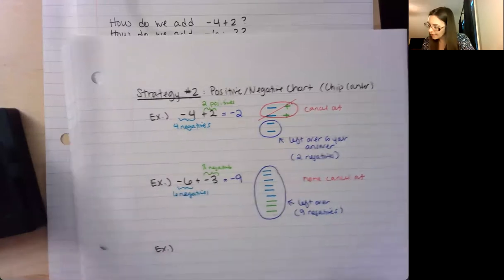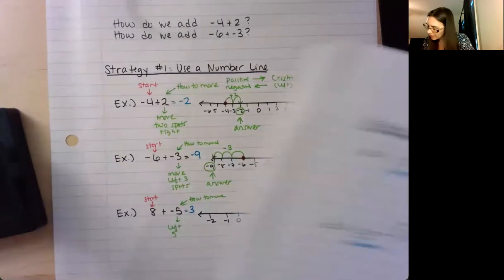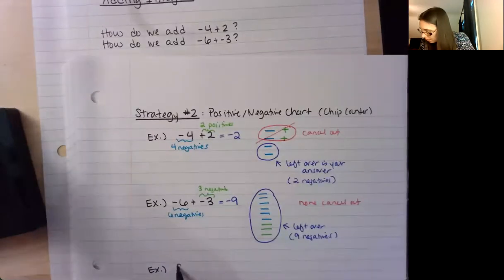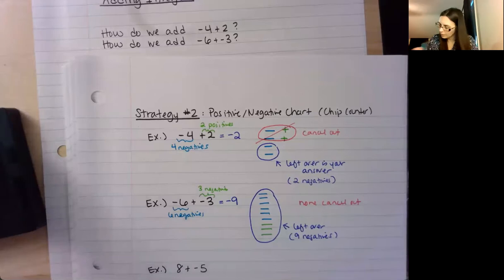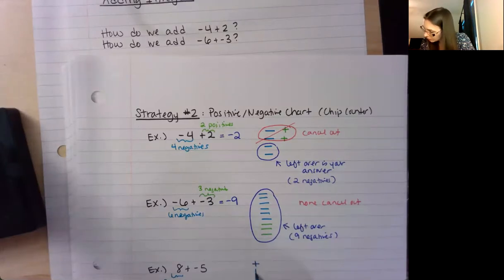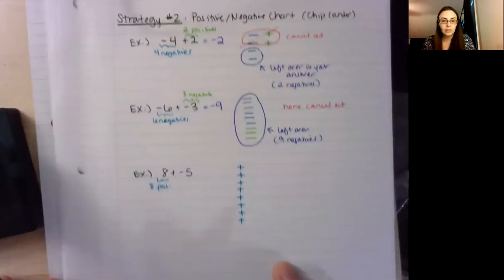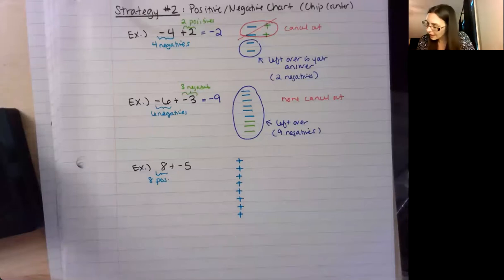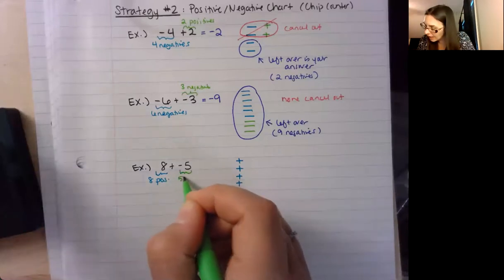And let's do our last example. So 8 plus -5. So I have 8 positives. So let's see. 1, 2, 3, 4, 5, 6, 7, 8. And then I have 5 negatives.